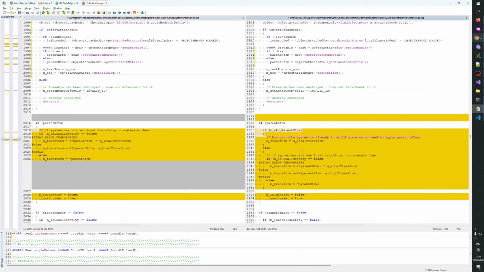Okay, and here we have parent Xform. If system has its own local transform, concatenate them. It's already in world space, so no need to apply parent Xform. Okay.